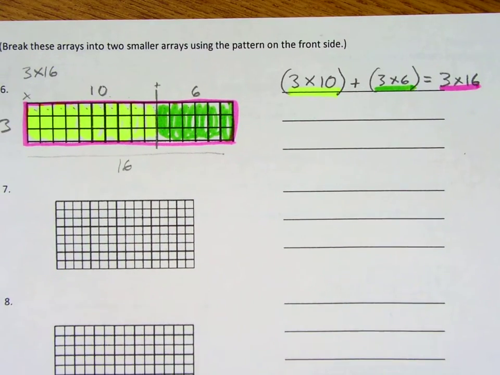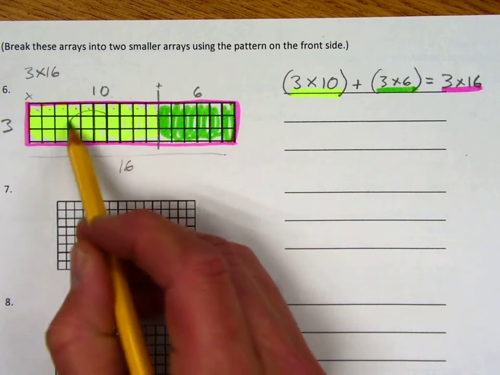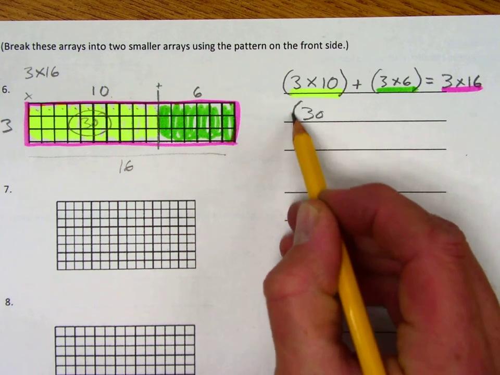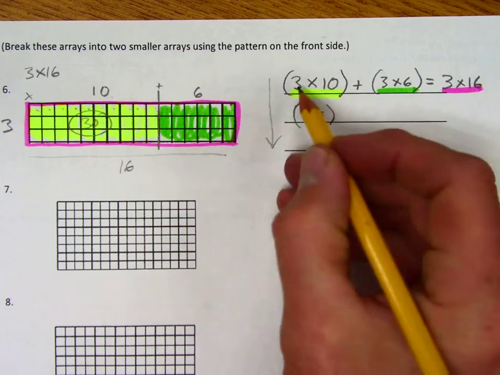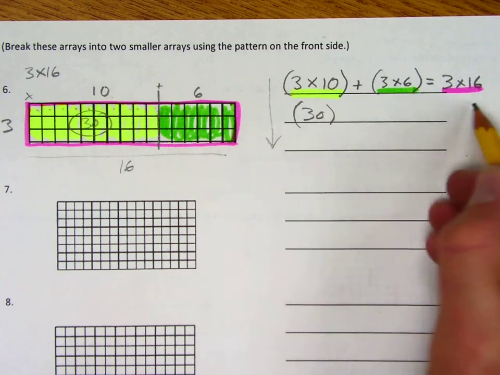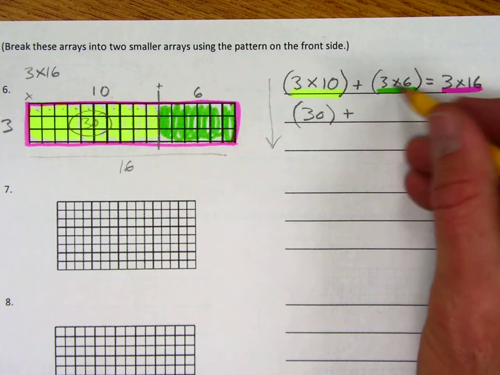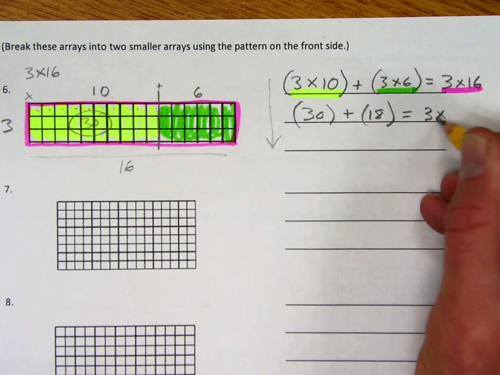When I combine this, 3 times 10 is 30. I've been teaching them to work downward, to get in the habit of having a solution line and moving under it, because that's a good way to work as you go forward in math. You add to this 3 times 6, which is 18, and that's still equal to 3 by 16.